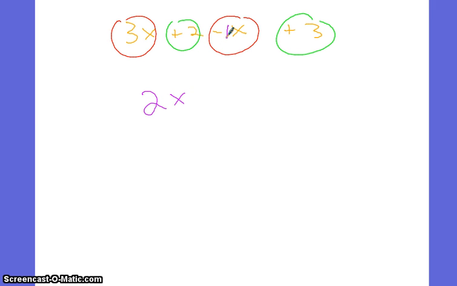And then 2 plus 3 is +5, so 2x plus 5. My problem is simplified, and that's called combining like terms. Kind of a useful trick for us to do, is we can combine like terms. And what that means is we're doing the commutative property of addition to solve those problems.